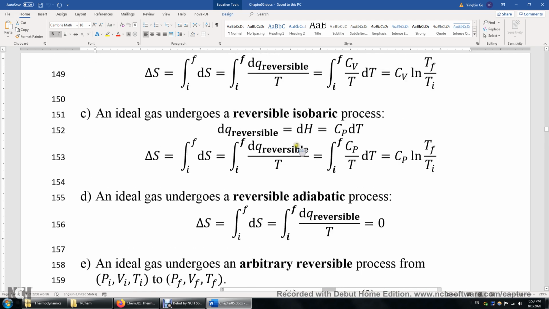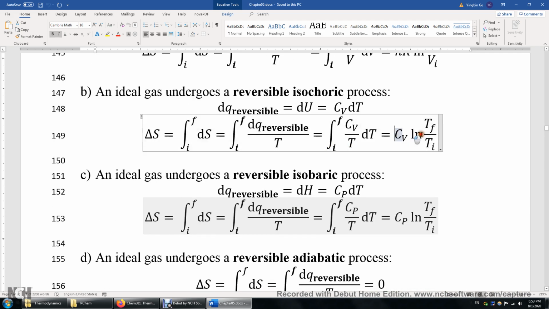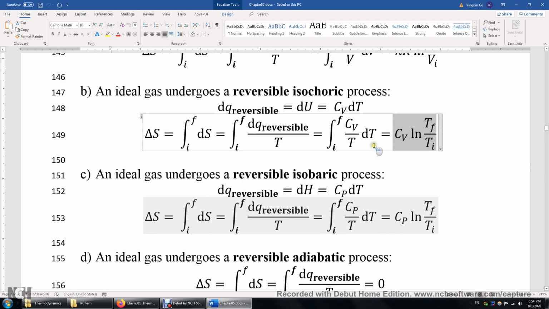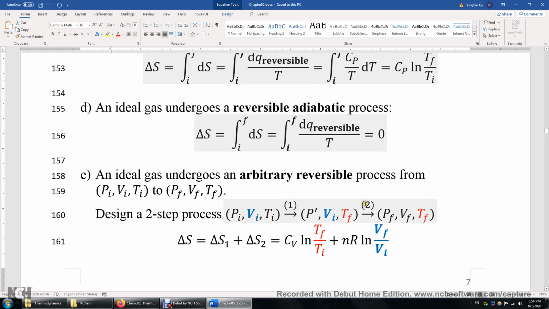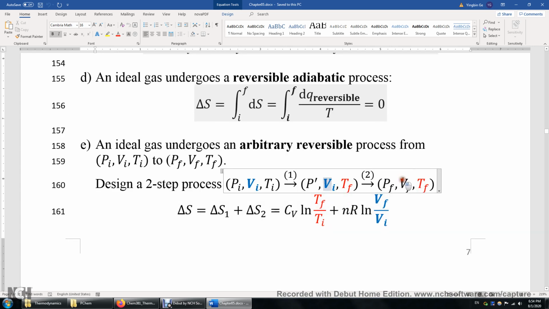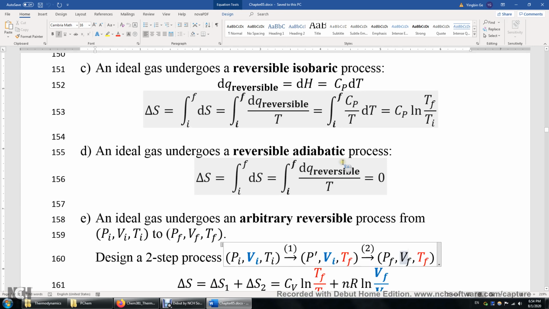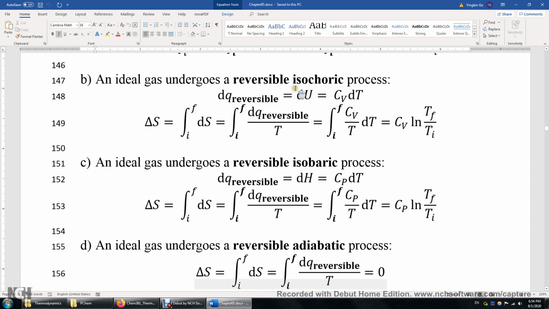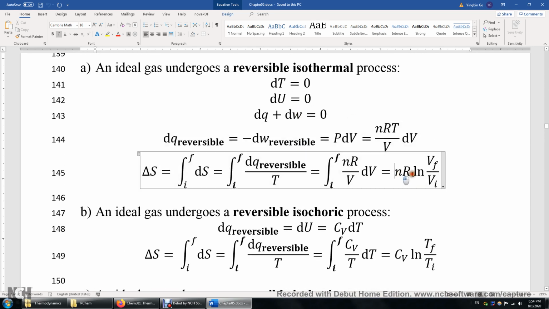In an isochoric process, we've got the formula here. The entropy change is Cv times the logarithm of the temperature ratio. Second step, we hold the temperature constant. And this time, the volume is changed. When temperature is constant, we use the reversible isothermal process. The temperature change is 0, therefore dU is 0, dq plus dw is 0, dq reversible is negative dw.